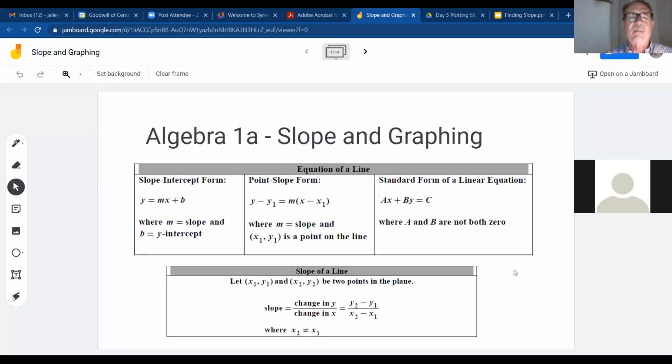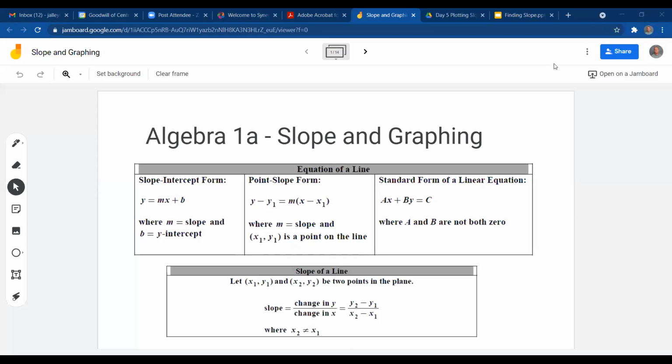Okay, so hopefully you remember from last week how we started off talking about the different forms of equations: slope-intercept, point-slope, standard form, and then the slope equation that allows you to find the slope from 2 points.